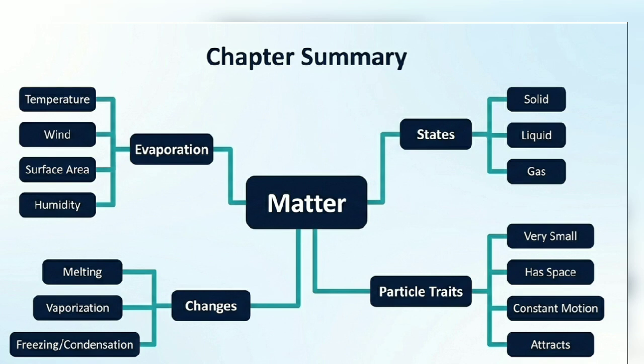So till now we learned matter is anything that has mass and occupies space. Matter exists as solid, liquid, and gas. Matter is made up of tiny particles.